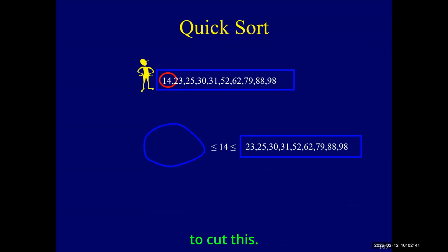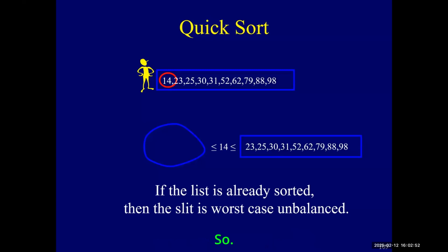We want to cut the list of data in half, and this doesn't do it. It's really only pulling off one number. So it becomes more like insertion sort or selection sort, and the running time is n squared. In fact, if the data is random and you did this, it would work quickly. But if you sorted it and then ran sort again on sorted data, it would do badly.